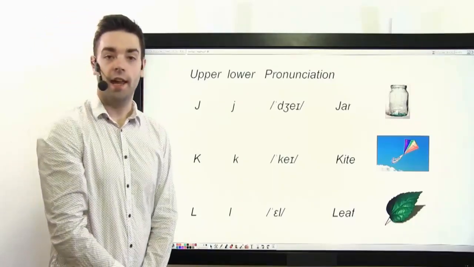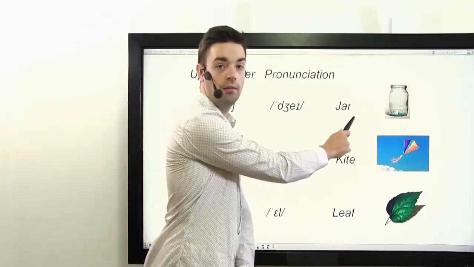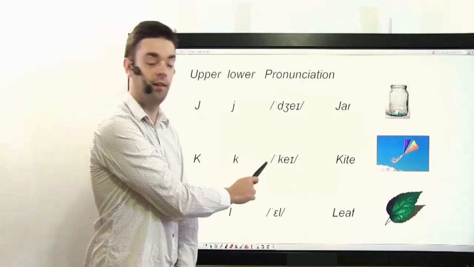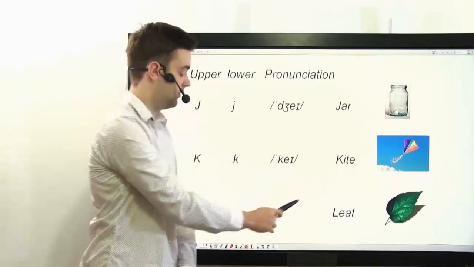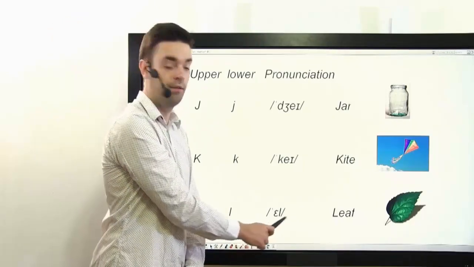Then we've got J. J for jar. K for kite. L for leaf.